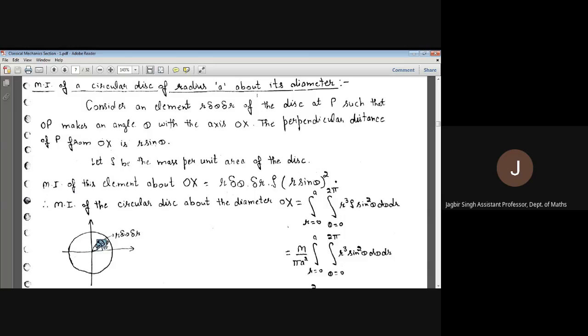So the length of the arc will be radius into angle, so it will be r delta theta. We are assuming delta r is its breadth. So the total area will be r delta theta delta r.